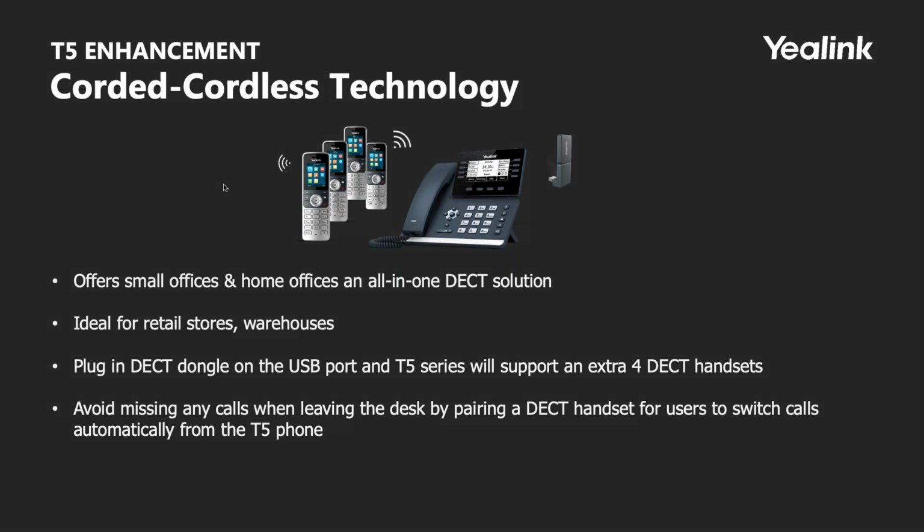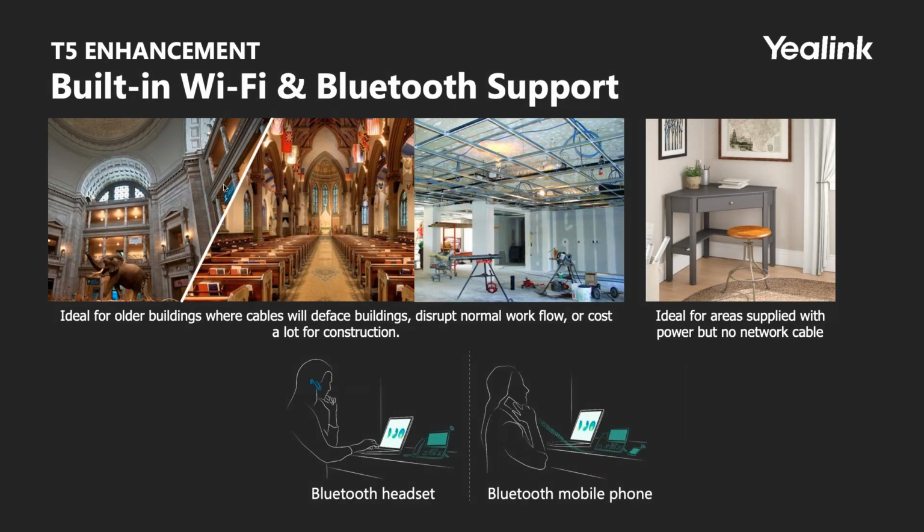You can utilize basically your BLFs on the screen of the 54, as well as your line keys on the wireless handsets themselves. But it is a limitation, yes, if you are looking at it from that context, that there is only 1 USB port. But to your point also, it is because there's built-in Bluetooth and Wi-Fi support.